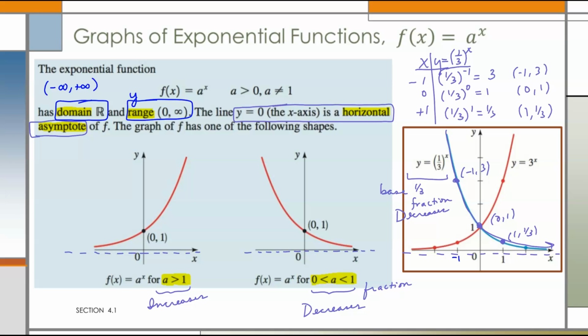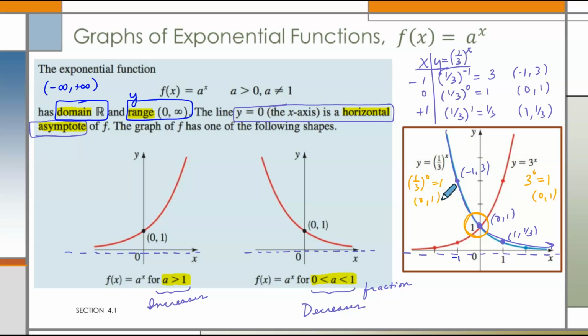And before we go on, what I wanted to also point out is, notice this point was common for both graphs. If I take 3 to the 0, I'm going to get 1. So that's going to go through 0, 1. If we take, like we did above, 1/3 to the 0 power, we're going to get 1.